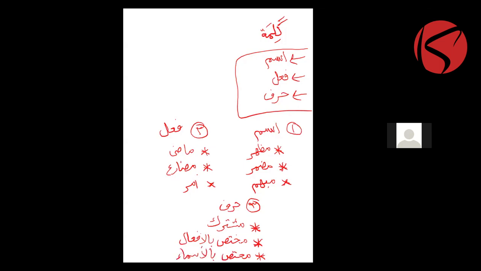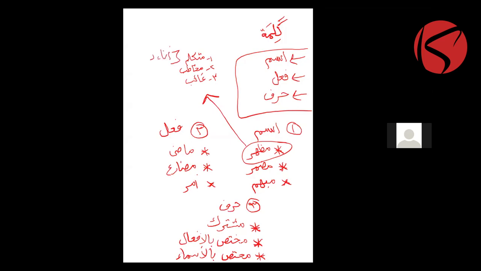Okay. What does اسم مضمر mean? It means pronouns. And how many pronouns are there? There are 3 types of pronouns, right? Whereas متكلم, مخاطب, and غائب, right? This you're all going to take inshallah ta'ala.